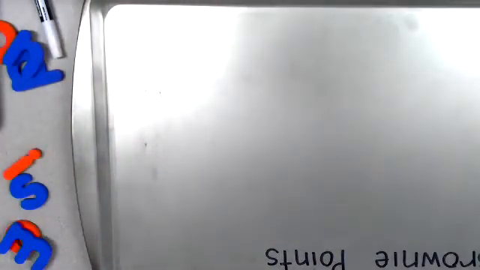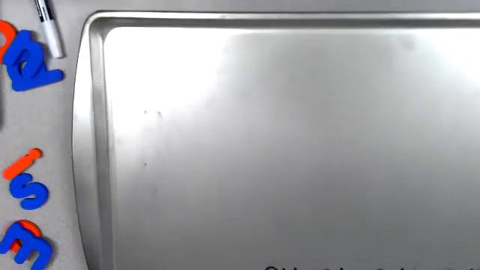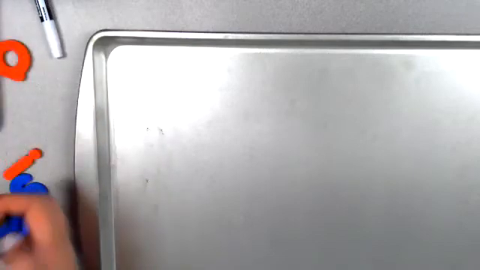We're going to make the word and together. So if you have your cookie sheet or your magnetic whiteboard available, go ahead and get it out now. We're going to make the word and with magnetic letters. What letter comes first?